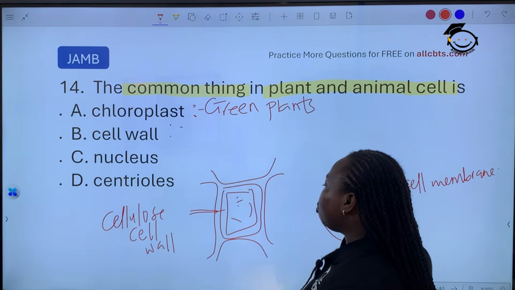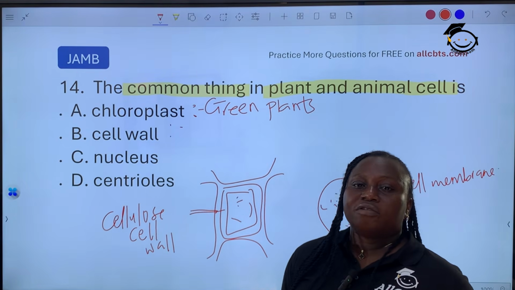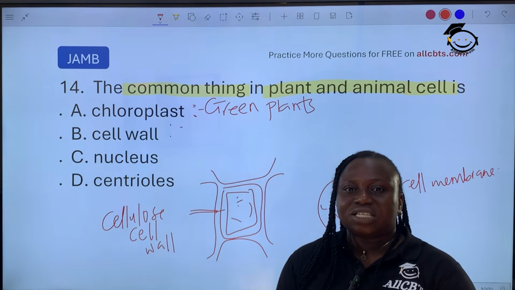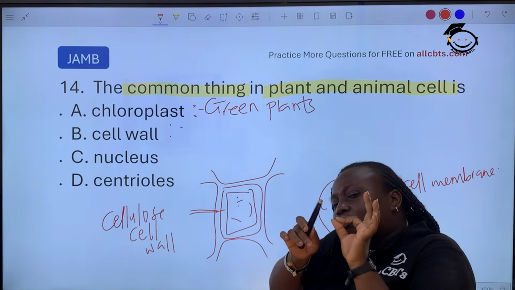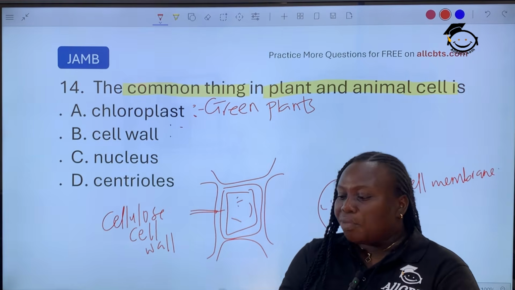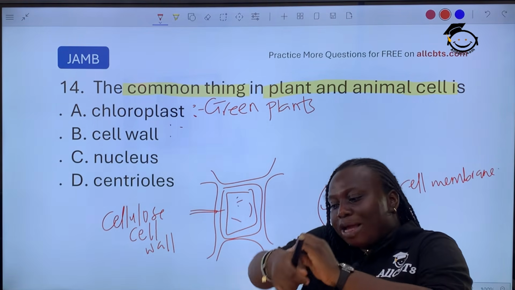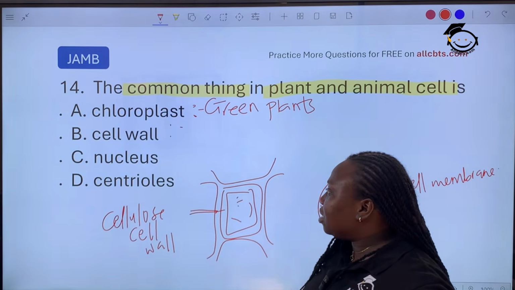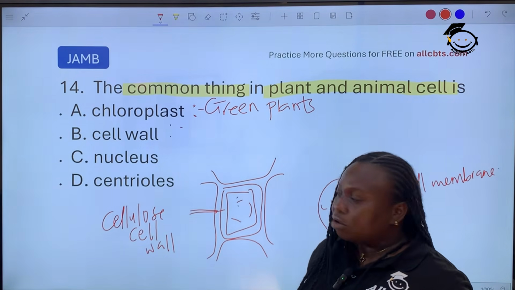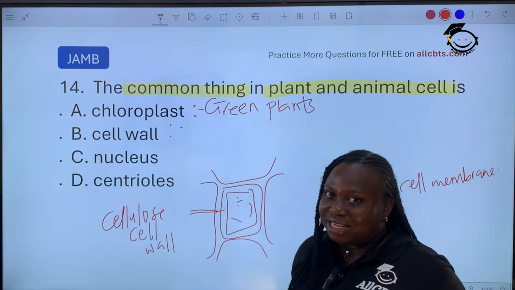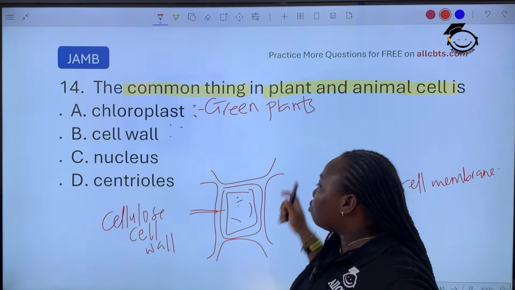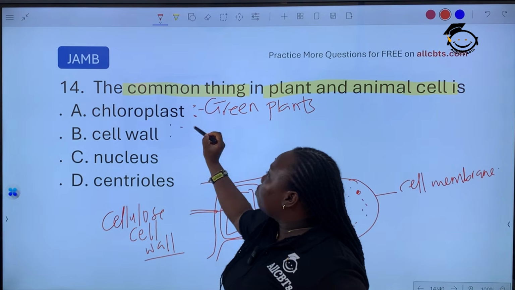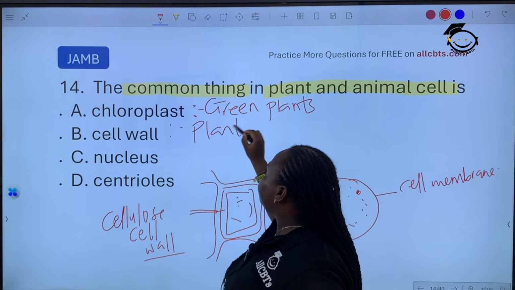The animal cell does not have a cell wall. The cell wall is why a stick or a leaf can break, but our skin, no matter how much you try, cannot break, because of the absence of the cell wall. This means the cell wall is only found in plants.